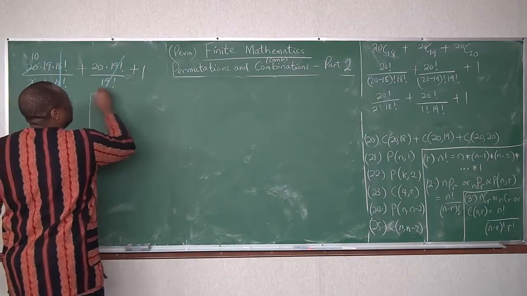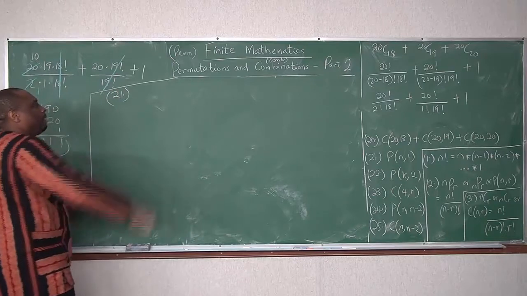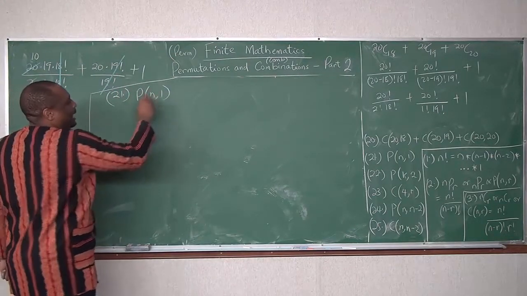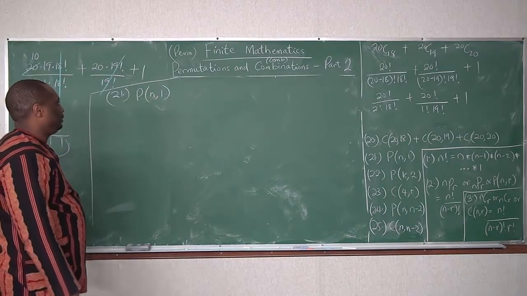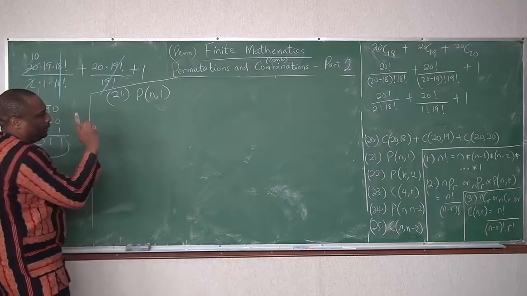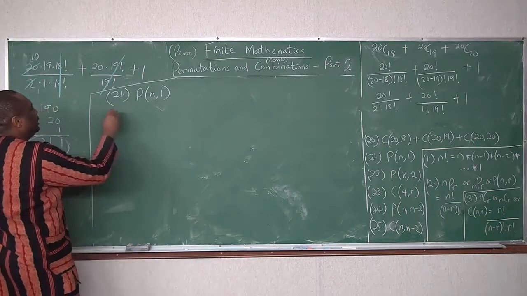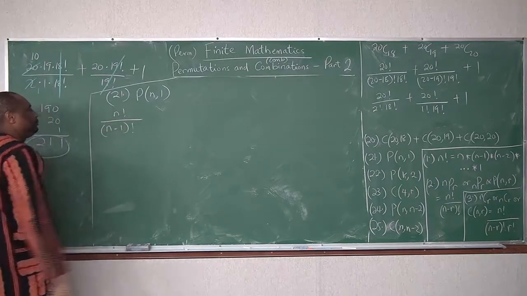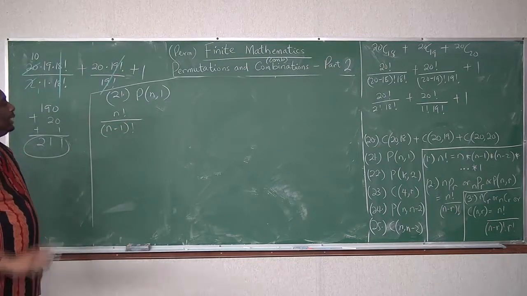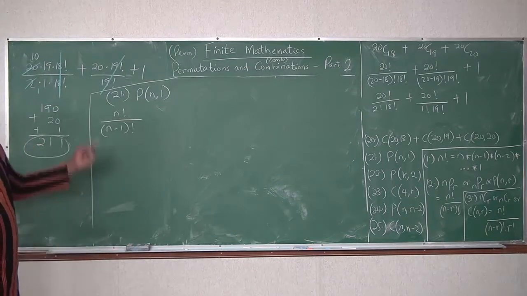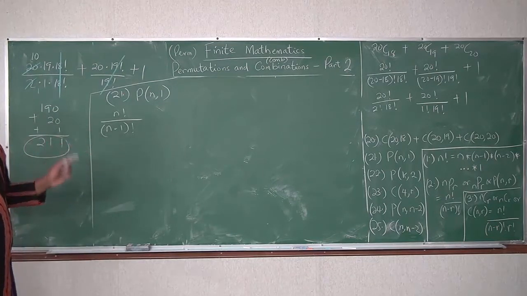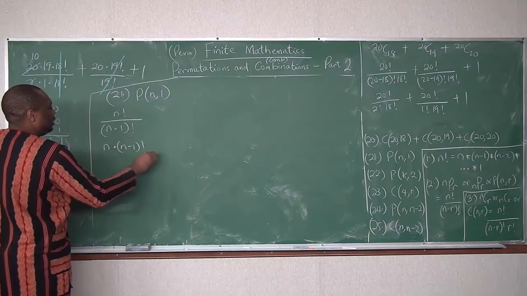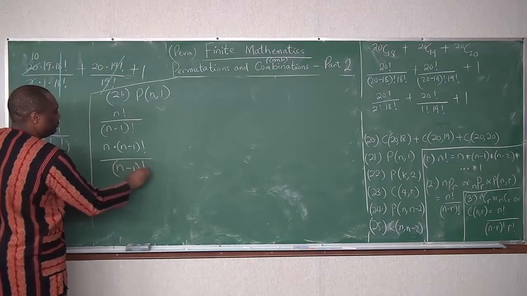Question 21: n permute 1. This is permutation, n factorial over n minus 1 factorial. Now remember the formula I gave you about n factorial: n times n minus 1 factorial, all over n minus 1 factorial.